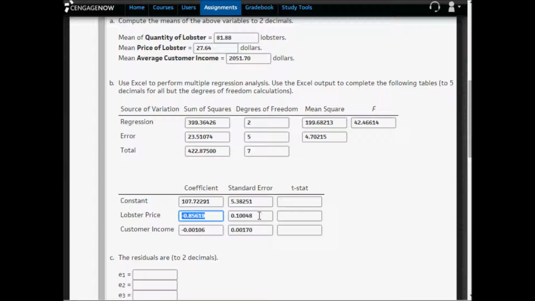This minus 0 divided by the standard error is a test statistic. This minus 0 divided by the standard error is a third t test statistic. And each one of those tests would be testing the hypothesis that the corresponding beta is equal to 0.